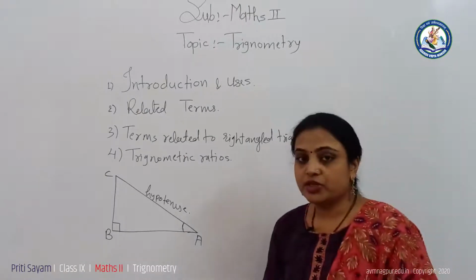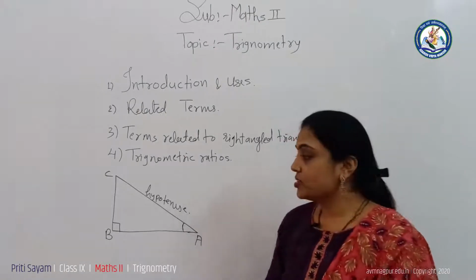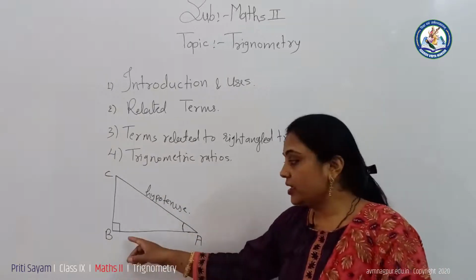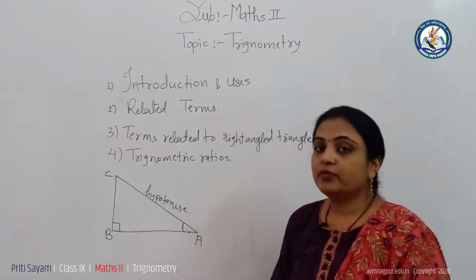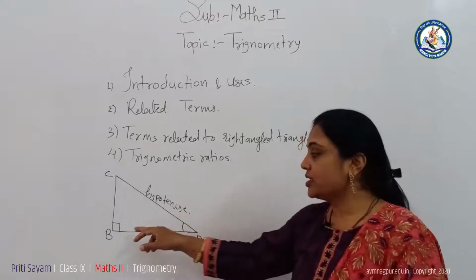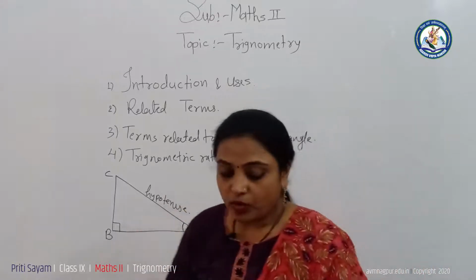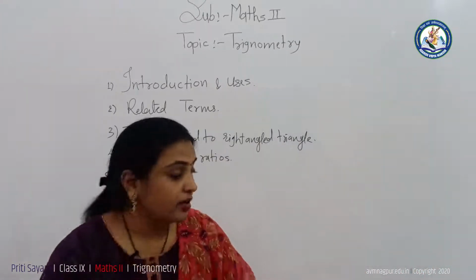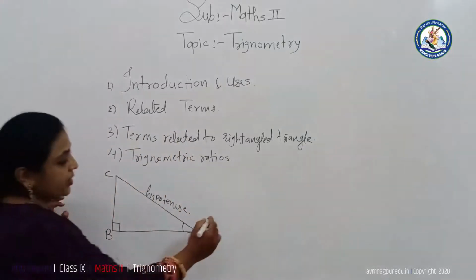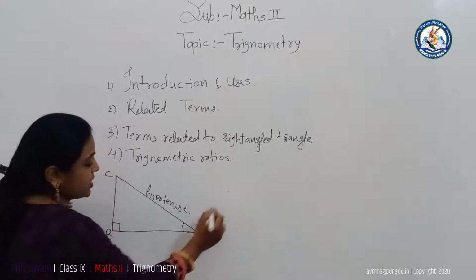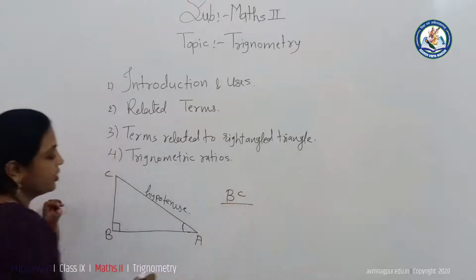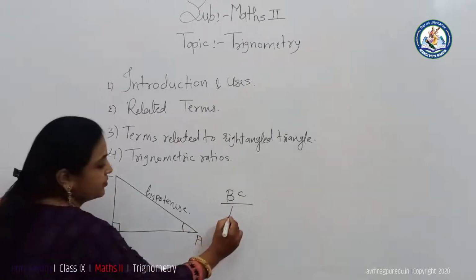Now trigonometric ratios. For trigonometric ratios, triangle ABC is a right angle triangle. Angle B is 90 degrees, and the side opposite this right angle is the hypotenuse. Now if we consider angle A, the opposite side of angle A is BC, upon hypotenuse AC.